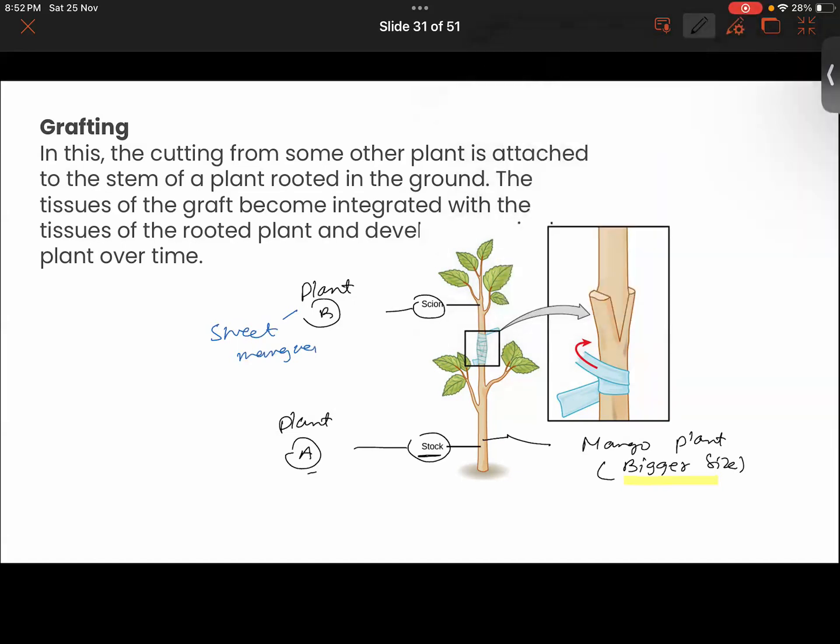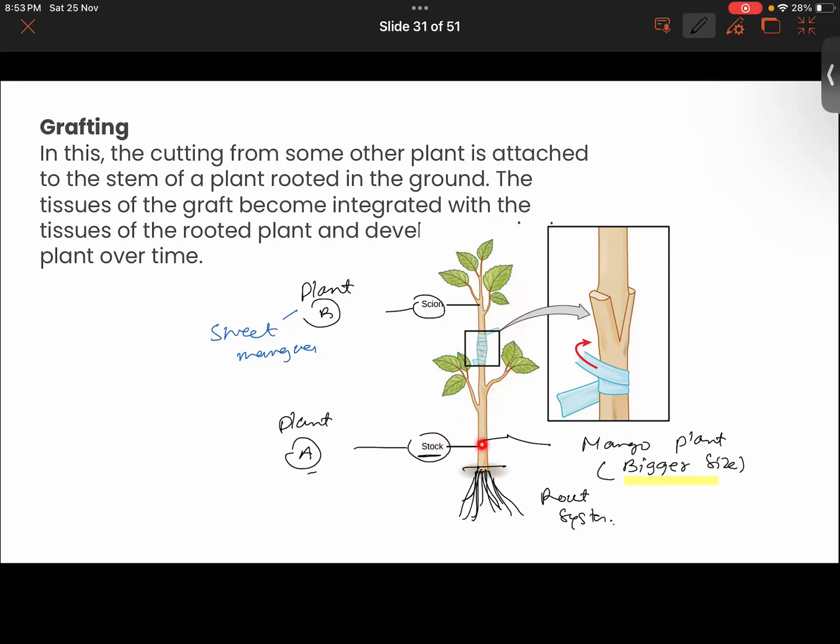So I have taken the stalk from a plant whose mangoes are very big in size. The second part, that is the scion, I have taken from plant B that bears sweet mangoes. The stalk is that part of the plant that has the root system, while the scion above is not having roots; you have just cut a vertical stem from the plant.